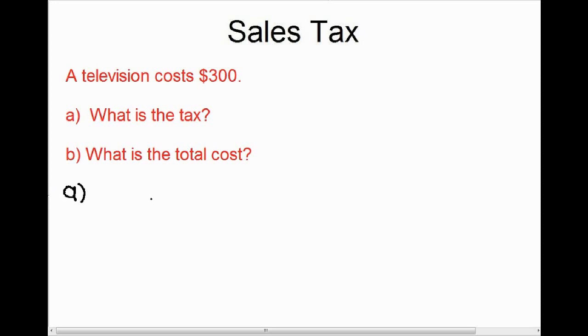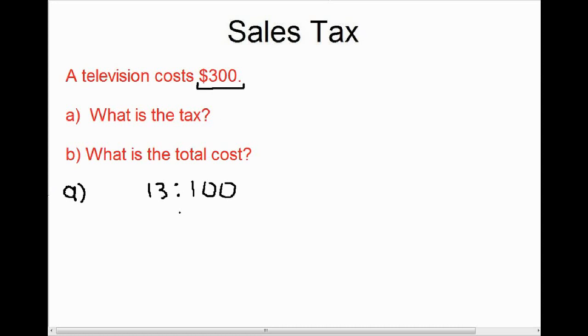Since the tax is 13%, what that means is for every $100, it's going to be $13. So we have a ratio of $13 for every $100, because 13% of 100 is 13. So here our cost is $300.